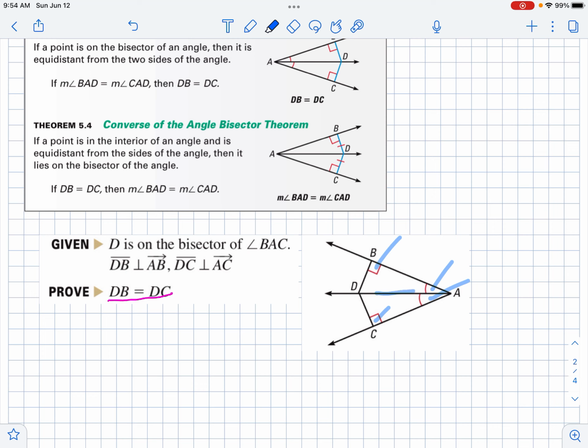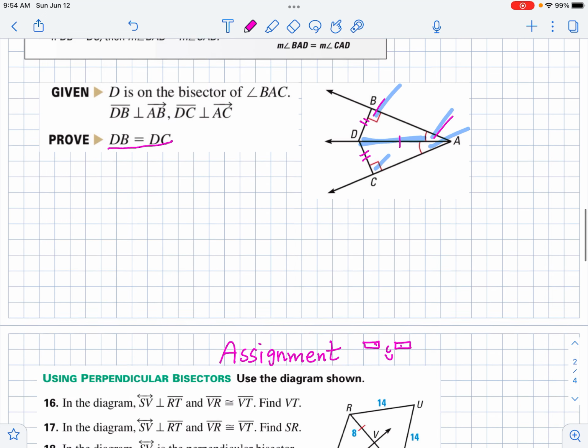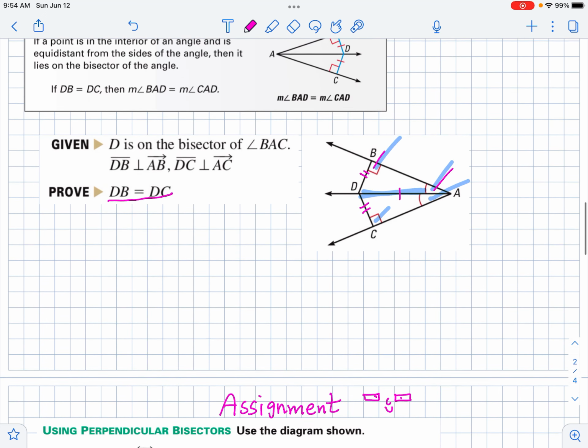And this side is congruent to itself. So look what we have here. We have angle, angle, side. Therefore, those two triangles are congruent. Therefore, DB and DC are congruent. So that's the idea with this section.